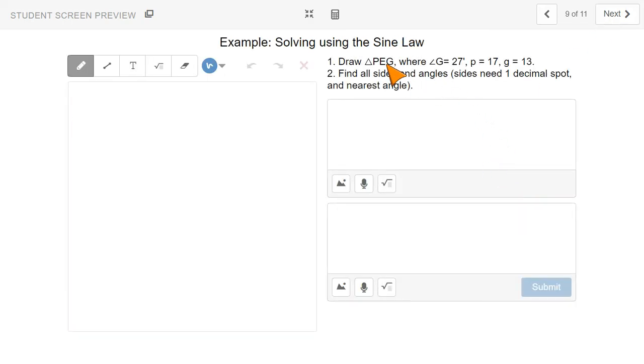The last example we have here, we're asked to solve the triangle using sine law only. So once again, when we're talking about solving, it means we need to find all the sides and all the angles. Let's draw a triangle PEG.